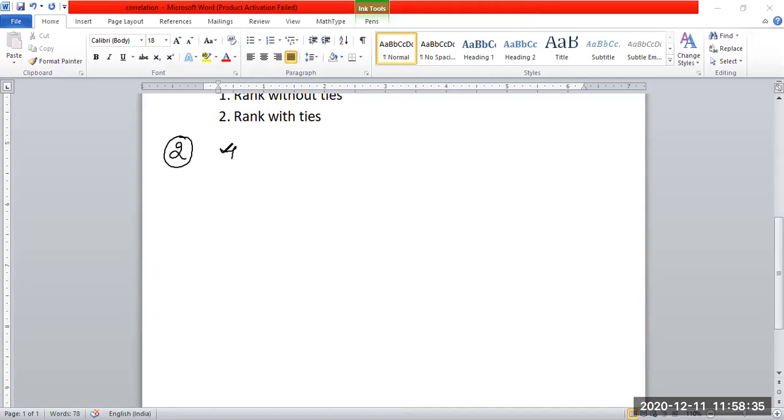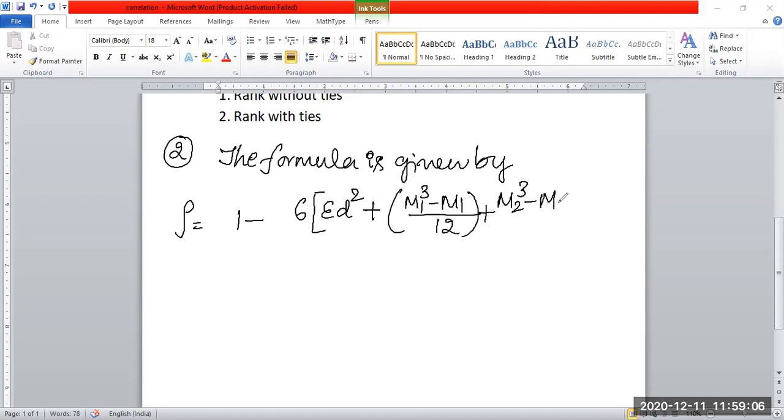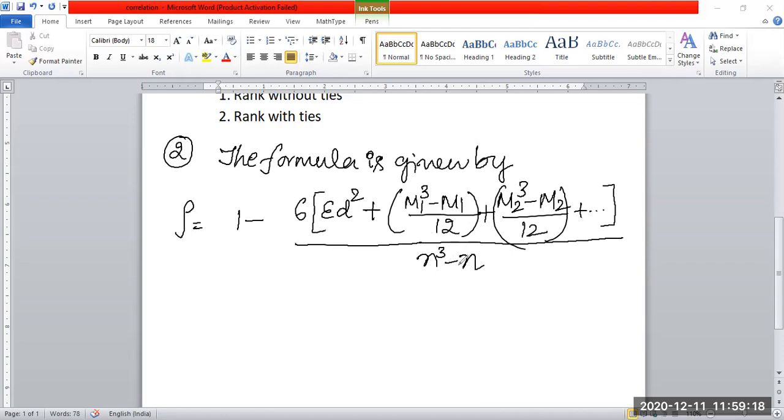The formula is given by rho is equal to 1 minus 6 times summation d square plus m1 cube minus m1 divided by 12 plus m2 cube minus m2 divided by 12 plus etc., whole divided by n cube minus n.